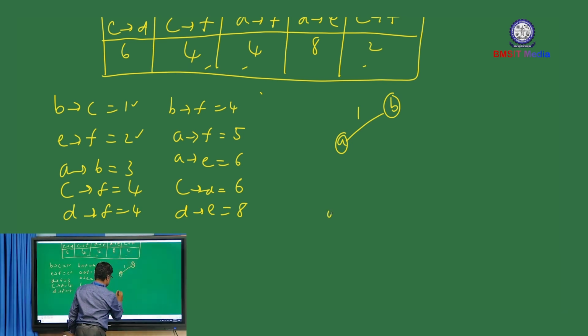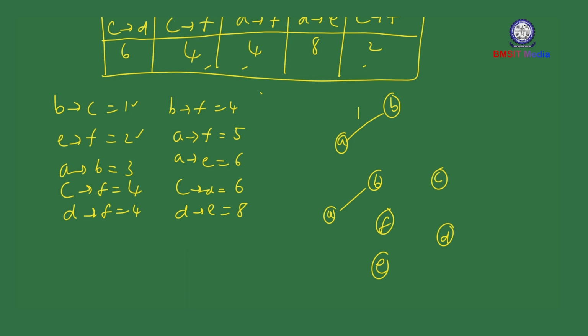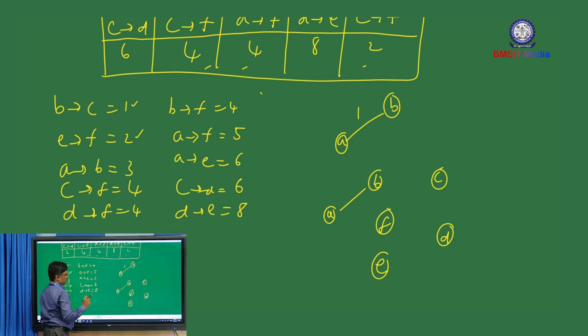So A is there, B is there, this we have already drawn. The remaining is C, D, E, F. So now the second one is this one, E to F. E to F is nothing but 2.